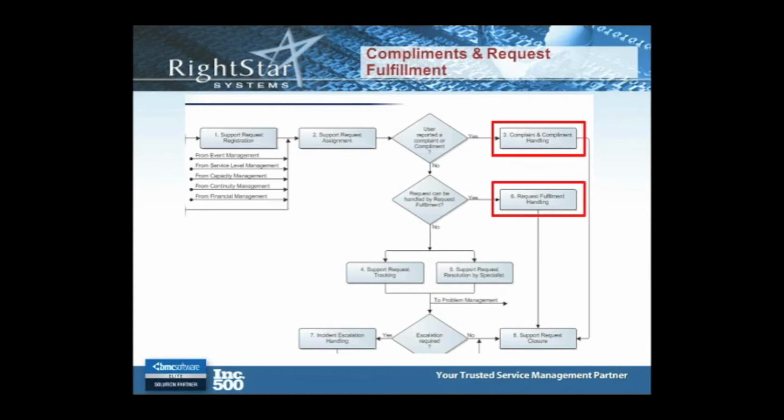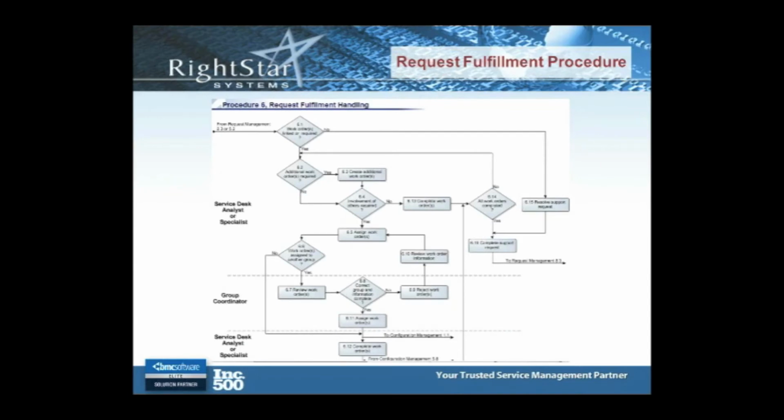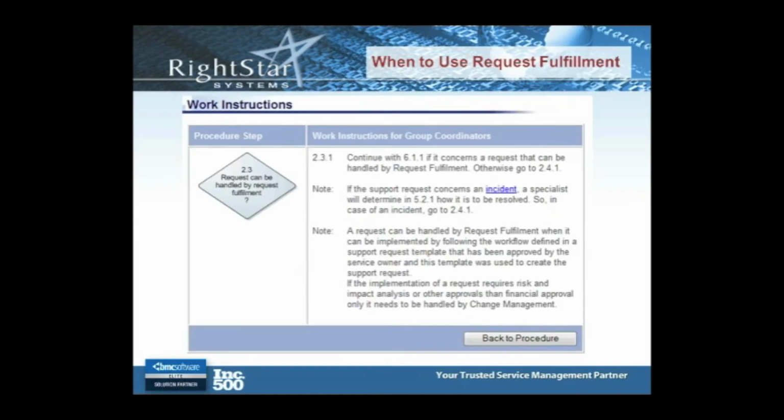In terms of request fulfillment, first of all, what exactly is a request for fulfillment? These are the specific processes that were introduced. In Alignability, we define a request for fulfillment as a request that can be handled by request fulfillment when it can be implemented by following the workflow defined in a support request template that has been approved by the service owner, and this template was used to create the support request.